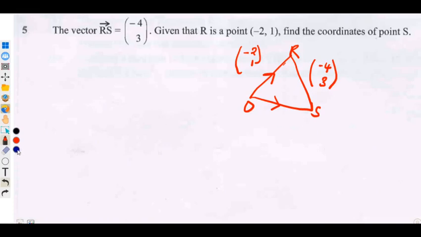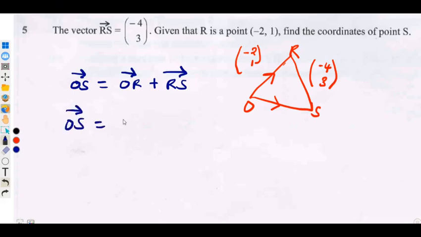So to find the coordinates of OS, we are going to say OS is equal to OR plus RS. This will be your direction. So how do you find OS?